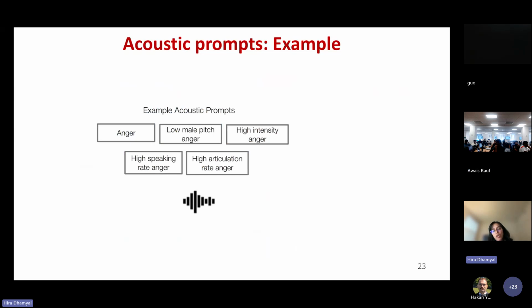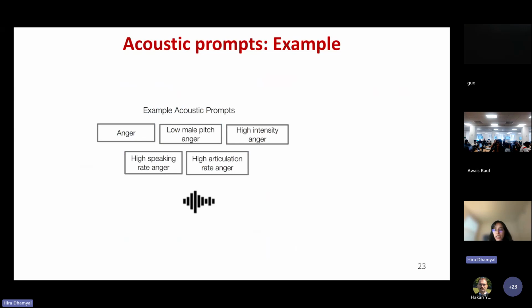And let's say the prompt using the intensity label is high intensity anger. You can see that the label occurs at the end of all of these prompts, and based on the acoustic property of the signal, we binned it into different bins. These are examples of the acoustic prompts.